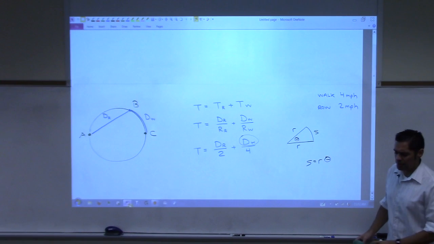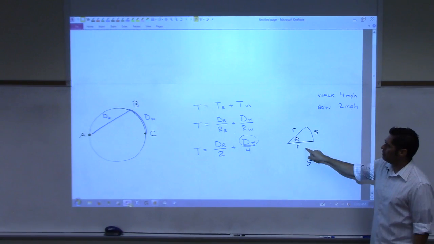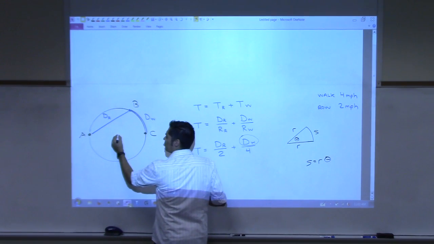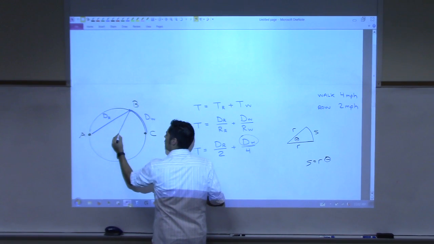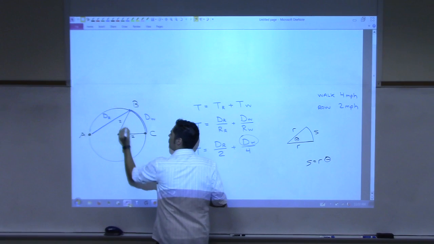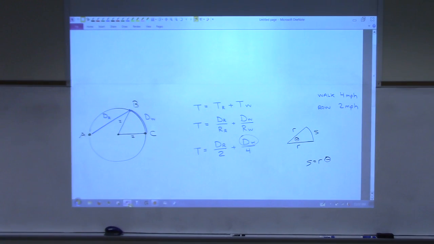So for us, do we know the radius for this arc? We have to start from the center of the circle. We know from the center to here and the center to here, right? That's 2 because that's the radius of the pond, lake, whatever, doesn't matter. But do you know what the angle is?